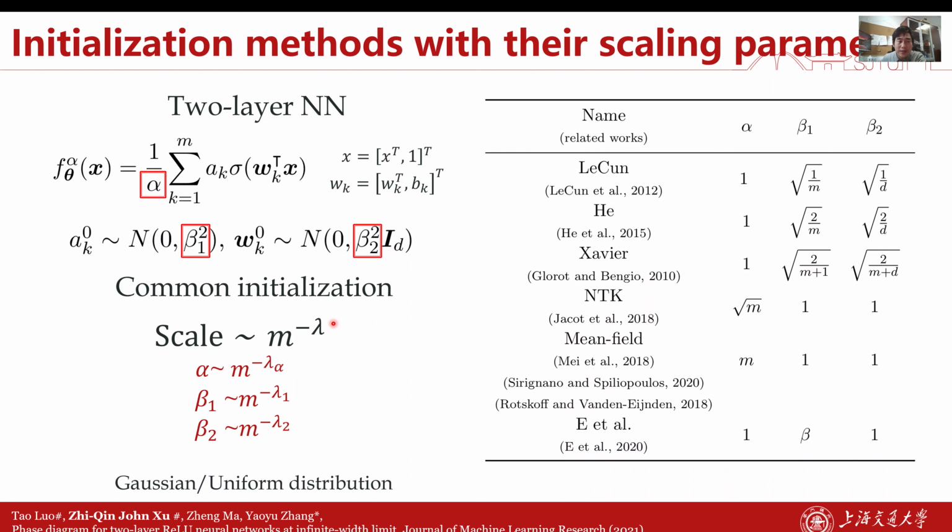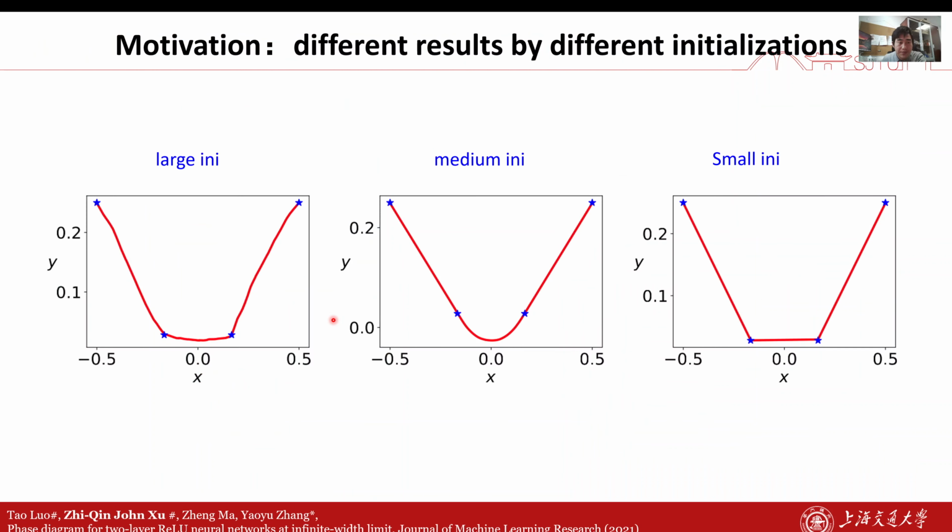Now we want to study how initialization affects the training result. Here's an example. We use large initialization, medium initialization, or small initialization, and we want to check how the result varies across these different initializations. The training data are 4 points, and we use the same training data for different initializations.